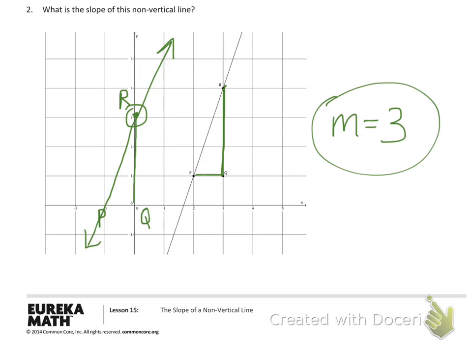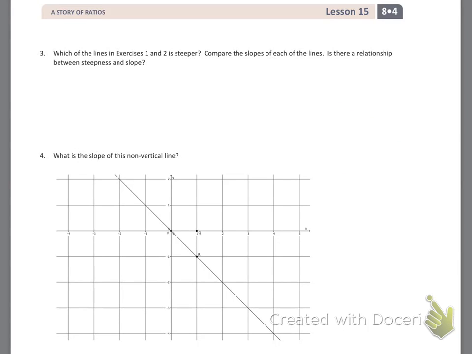All right, so our next question is going to ask us to compare the lines in exercises 1 and 2. I don't have them up on the screen here, but you can look at them in your notes. They might be a little bit hard to compare, but if you look closely, you can see that the graph in exercise 1 seems steeper.